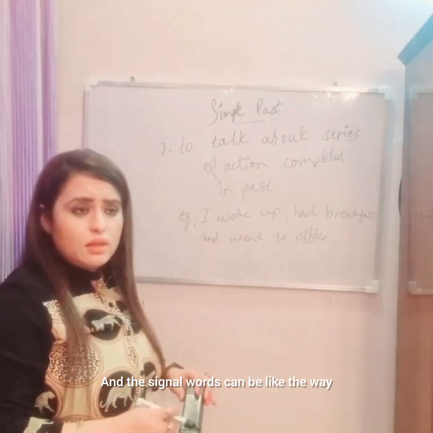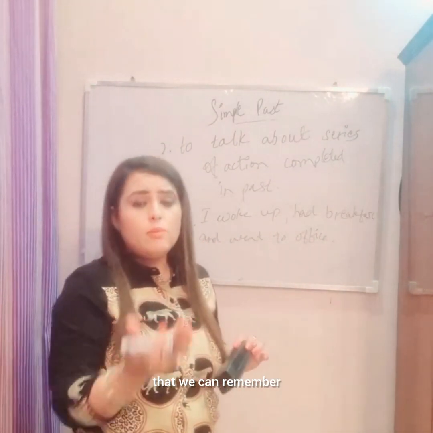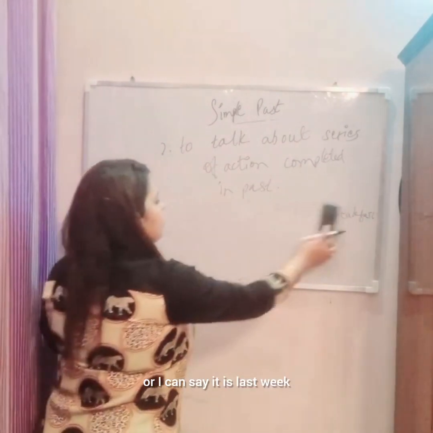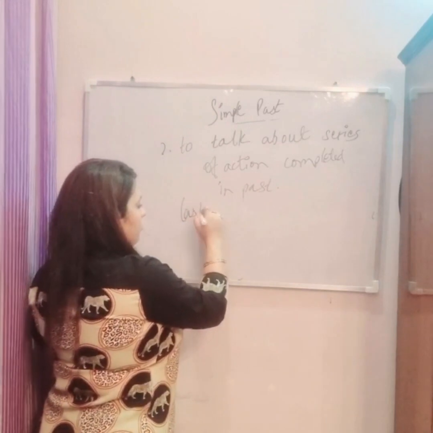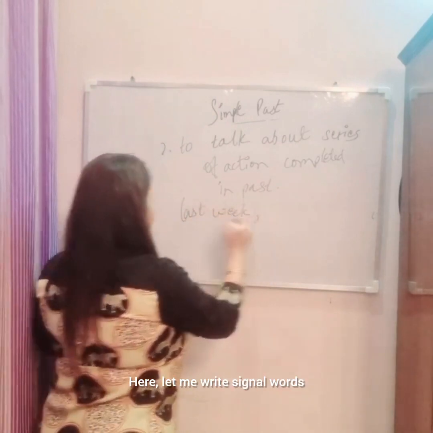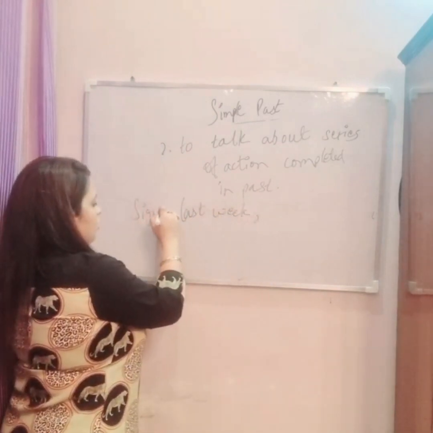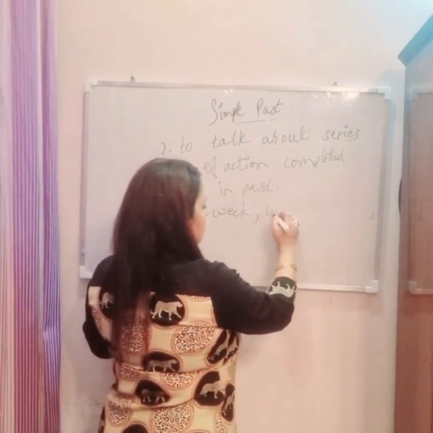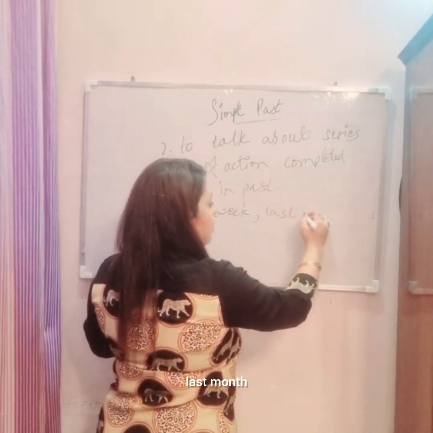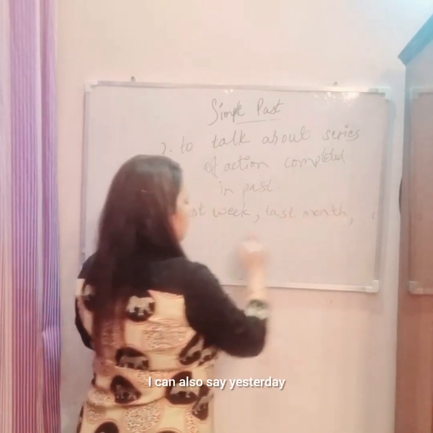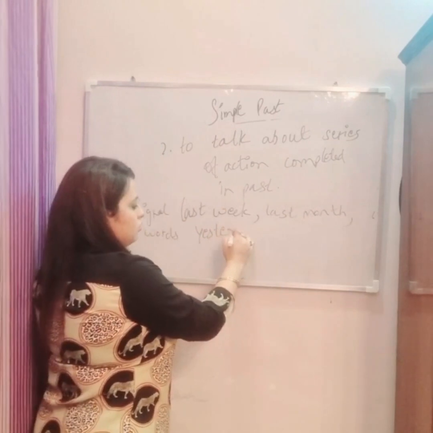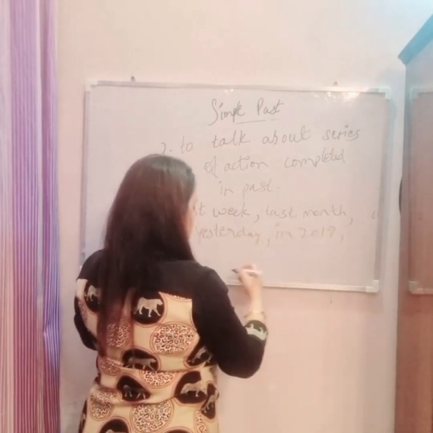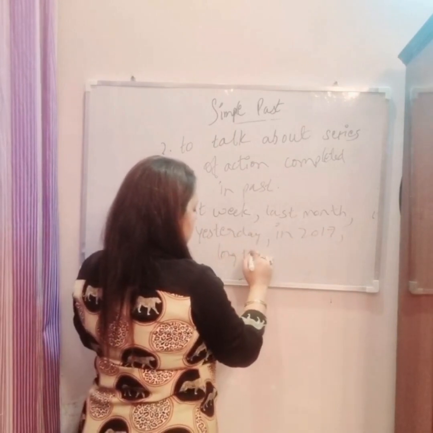And the signal words are the way that we can recognize if the action is in the past. Here let me write signal words. It can be last week, last month, yesterday, in 2017, long time ago.